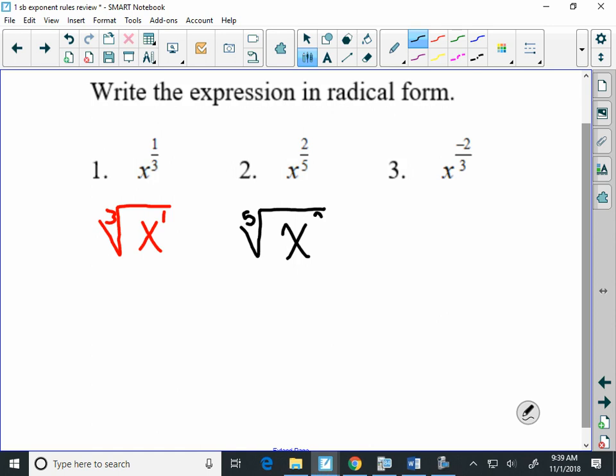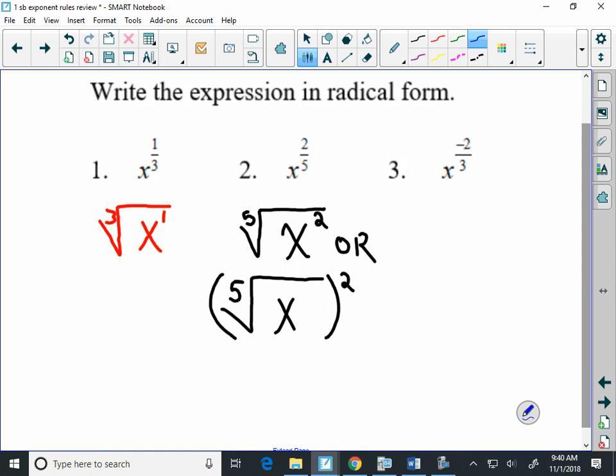And then we can write the 2 underneath the radical, or we can still have the 5th root of x, but then we could write the 2 outside the radical. Obviously, it looks like it's a little bit cleaner if we do write it the first way, but sometimes when we're actually figuring out a value, it's easier to write it the second way.